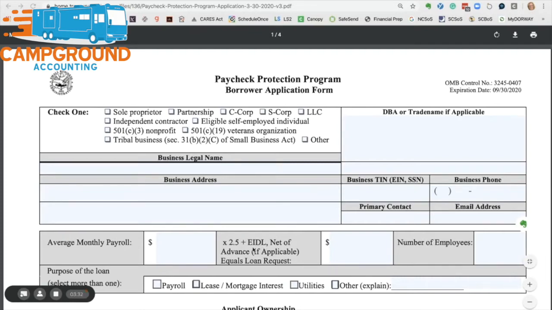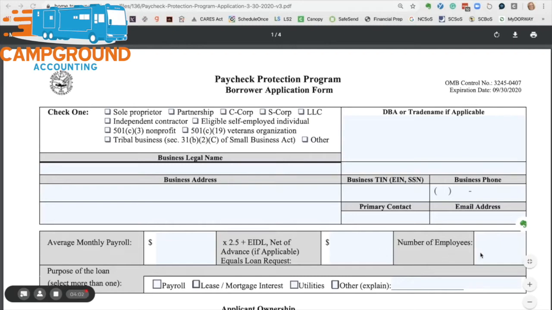If you have an EIDL loan already outstanding, let's say it was a $50,000 loan and you received the $10,000 in advance, you should be adding $40,000. Basically, if you have an EIDL loan, not the grant, outstanding at the time of applying for the PPP, you should be listing that amount here, and it will be added to your loan amount that you're applying for.